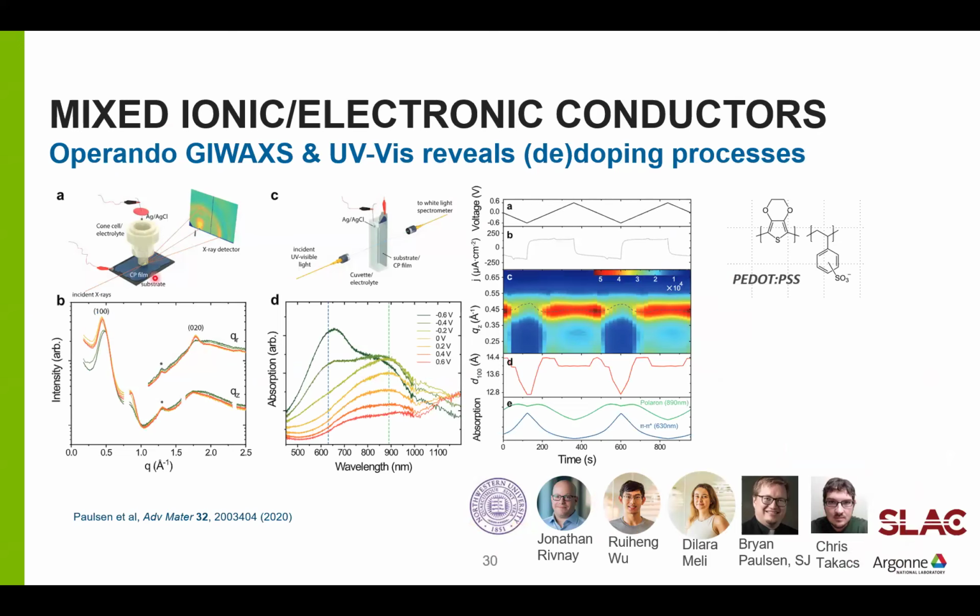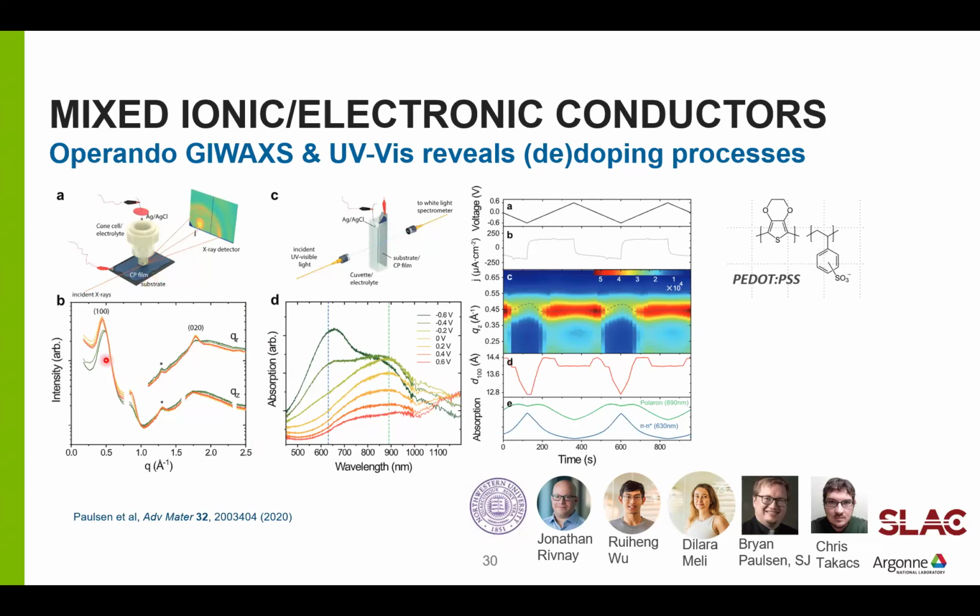And they developed a cone, they call it a cone cell, this nice cell that minimizes the volume of the aqueous medium over the thin film device. And so we can apply an electrochemical potential and also still do scattering. So in this case, GI-XPCS.